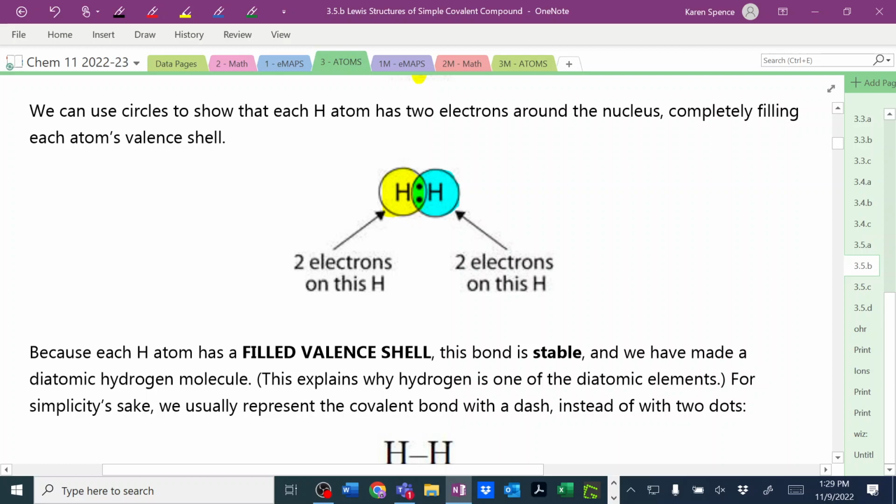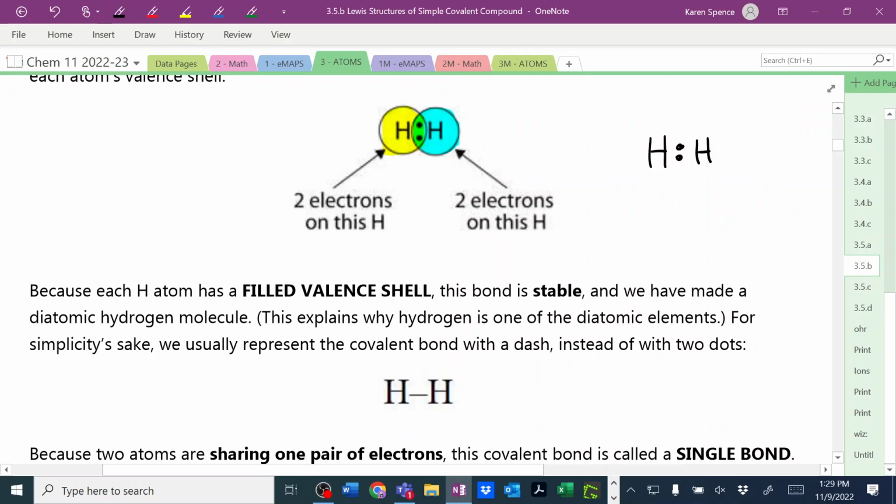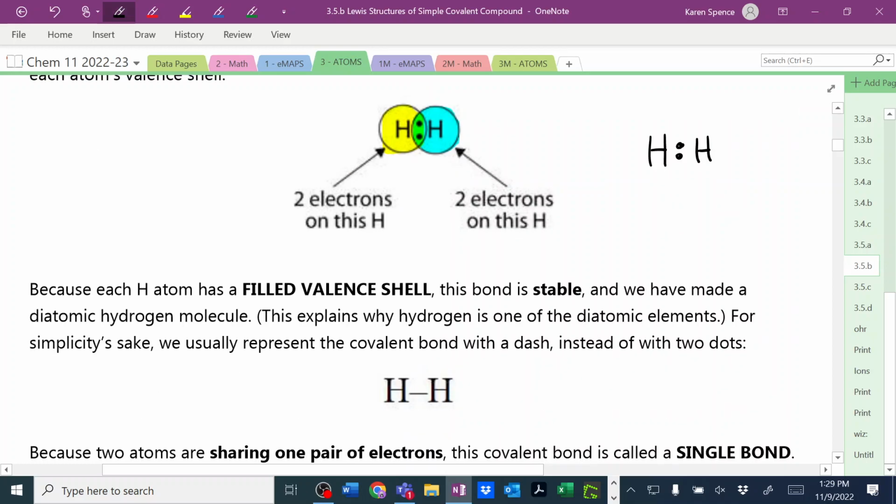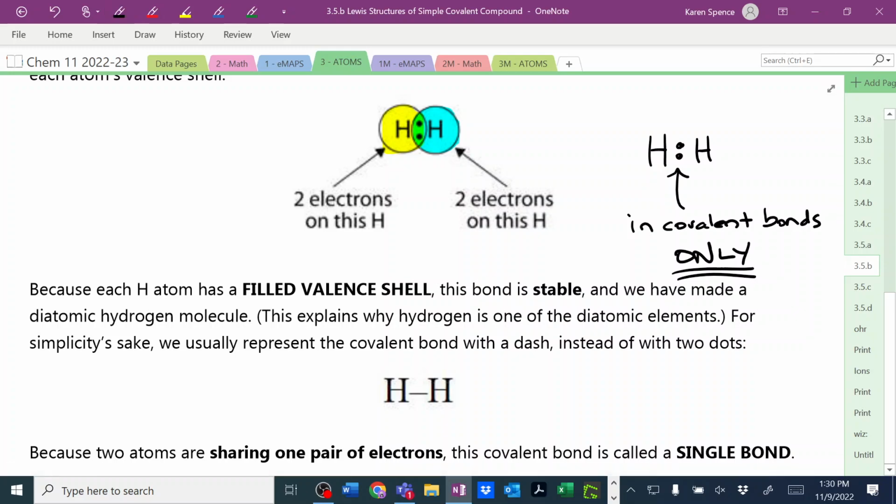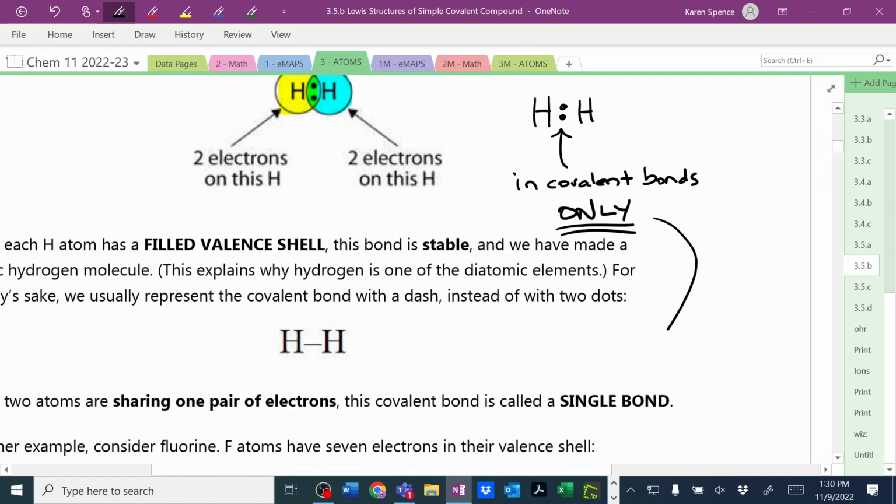Now, you can leave your Lewis structure like this. This is correct, but often with covalent bonds, we will replace the 2 dots with a line representing the covalent bond.